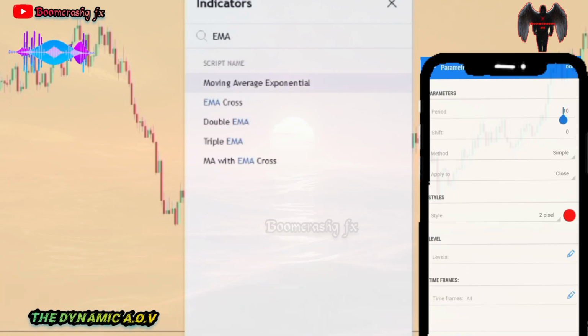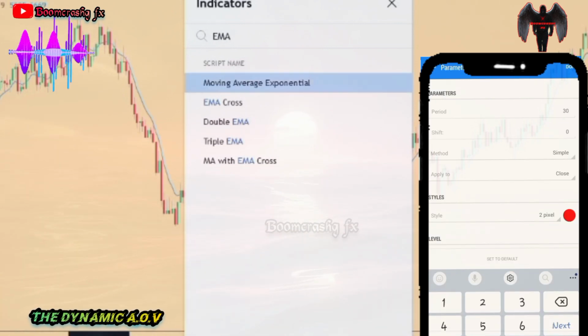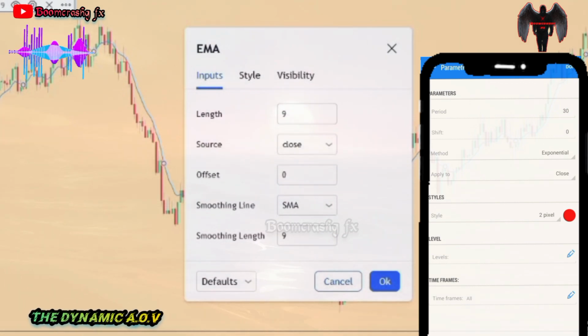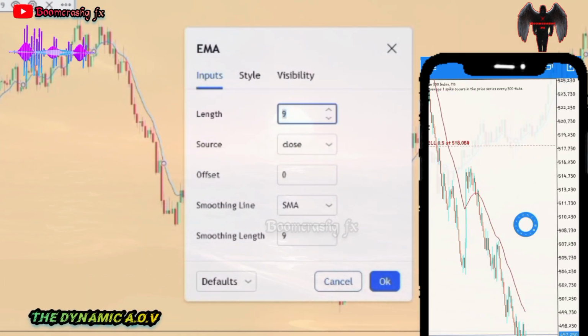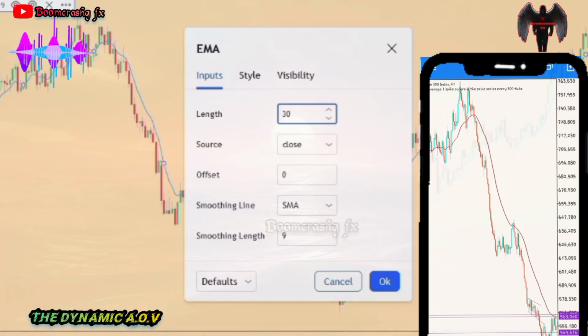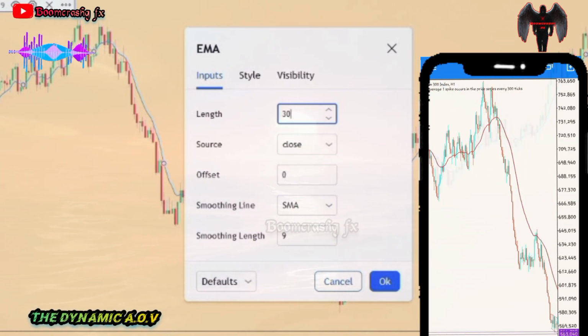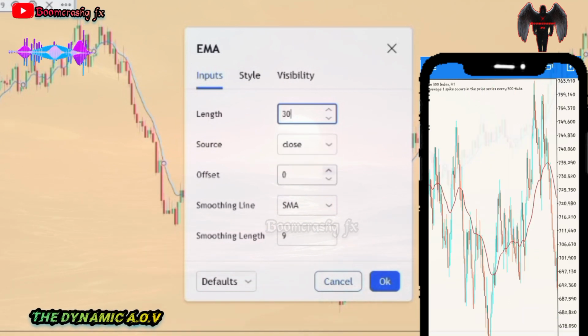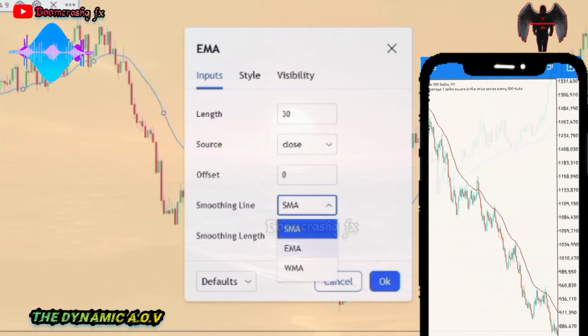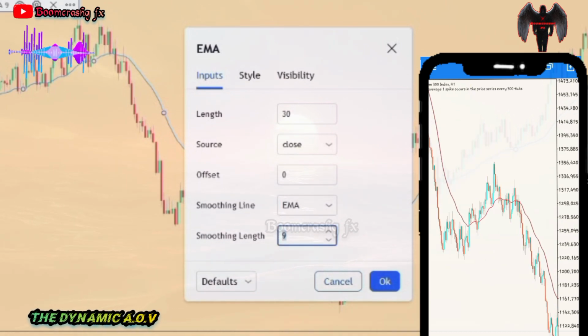Here we have it, the moving average exponential. We go straight to our settings. For the length using TradingView, you change it to 30 on your mobile phone. Quickly, the period, you change it to 30. The source, you make it close. That's all for the mobile source, close. For our smoothing line, you change it to EMA, and our smoothing length, you change it to 30 as well.